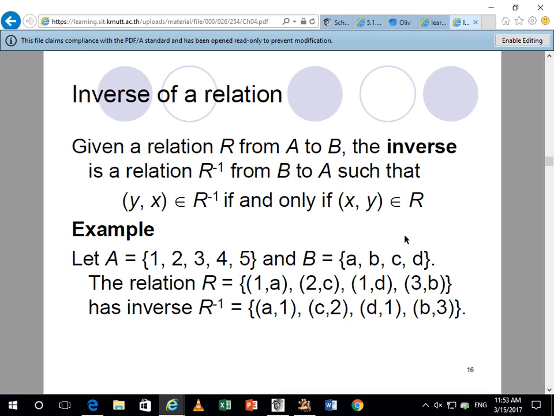So here, we can define this as a relation. Just another note that this relation we define is not a function because input 1 maps to a and d. This is not a function. But here we only talk about relation.